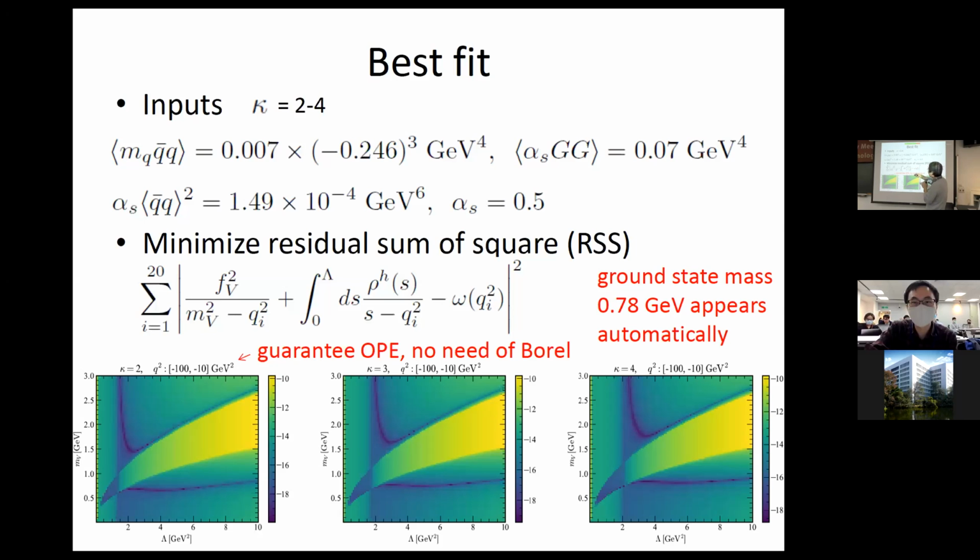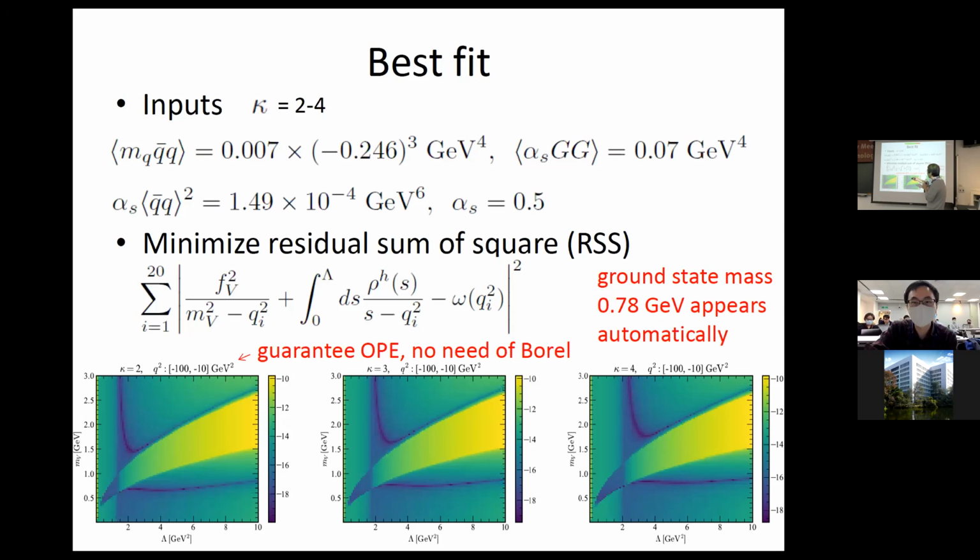We pick 20 points in Q squared. Then we scan this decay constant, mass, and the spectral density. We minimize this residual sum of squares. The minimum will give us the best solution.